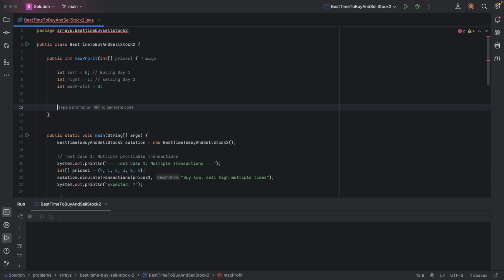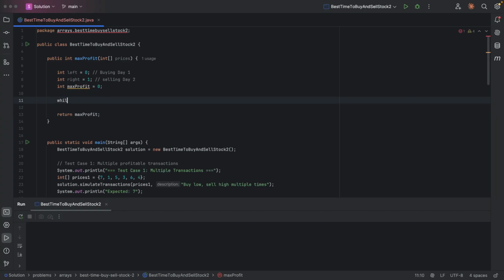Initially it's 0, and we return max profit from here. We need to make sure that we do not run out of bound. So when our selling day goes past the length of the prices, we will exit out of this while loop.